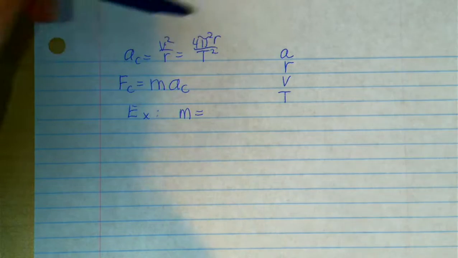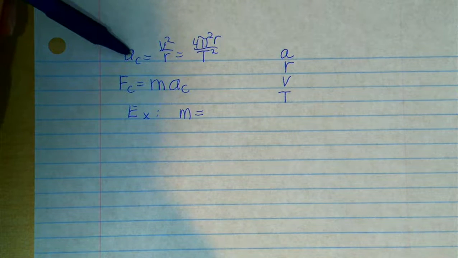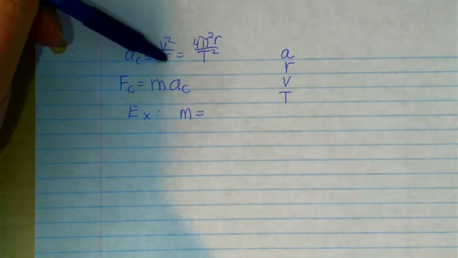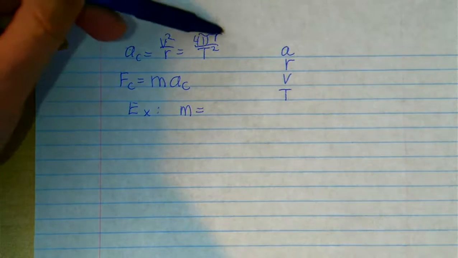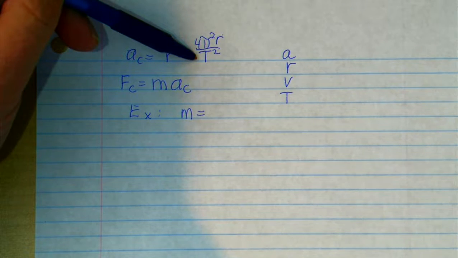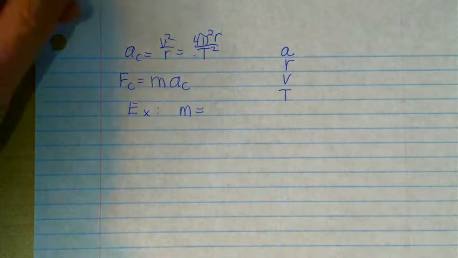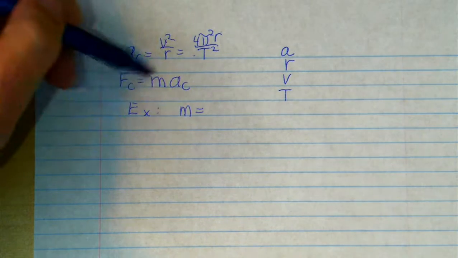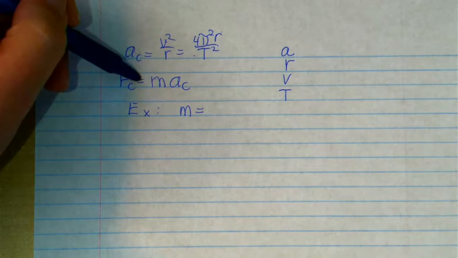And they're grouped, right? So acceleration, radius, and speed, or acceleration, radius, and period. Add to that mass, and we can calculate centripetal force.